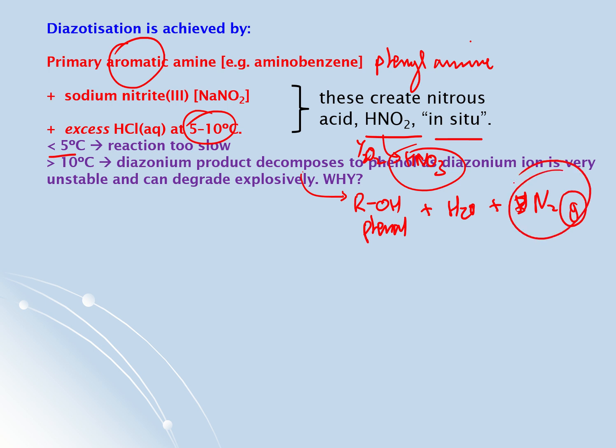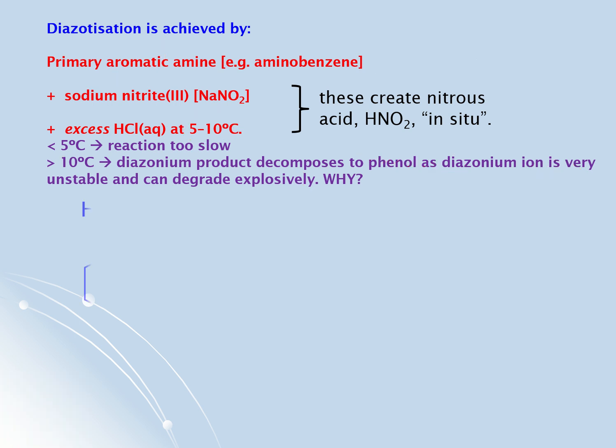And this can cause it to explode, and it has exploded on many occasions, because the nitrogen gas can be made very, very quickly in an enclosed space if you allow this diazonium product to warm up. So that's why it can be very dangerous if you don't control it properly.